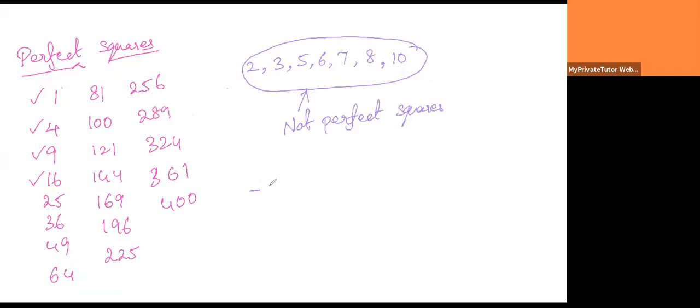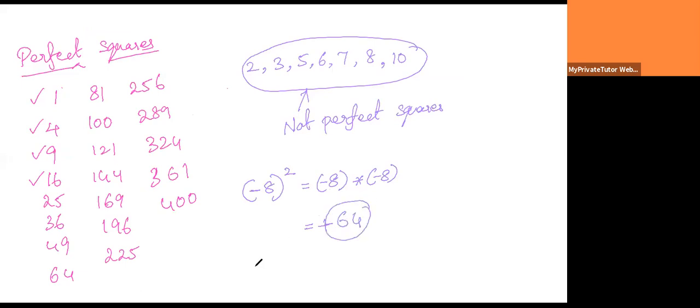Let's take an example, minus 8 whole squared, in a sense minus 8 times minus 8. Since we are multiplying two negative numbers, the answer will always be positive, right? So 8 eights are 64.